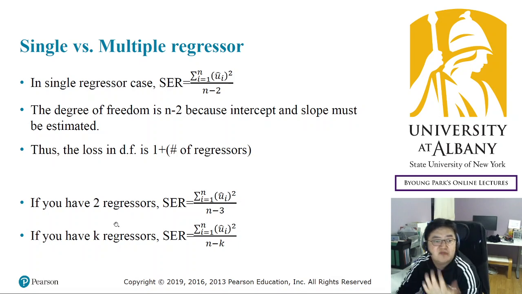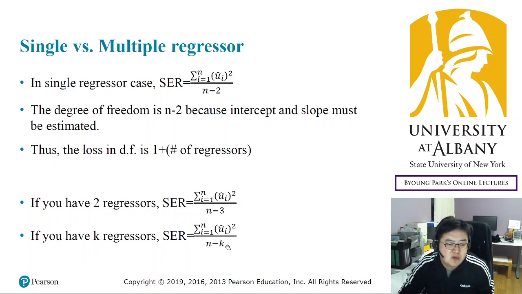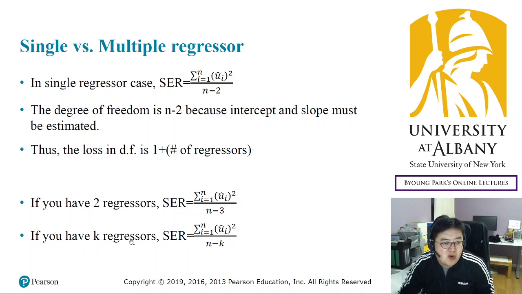And in general, when you have k number of regressors, you have to, my typo, critical typo. When I upload the slide, I will fix this typo. So when you have k regressors, you have to subtract another k minus 1. It's my typo.